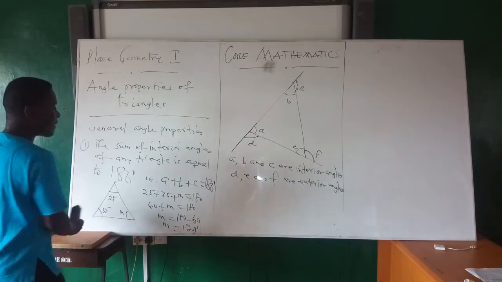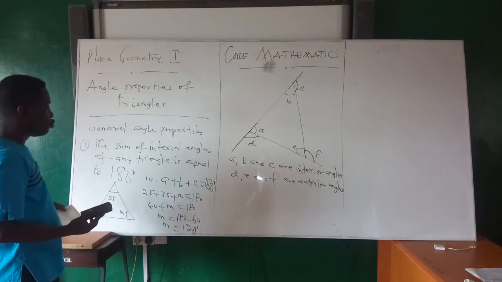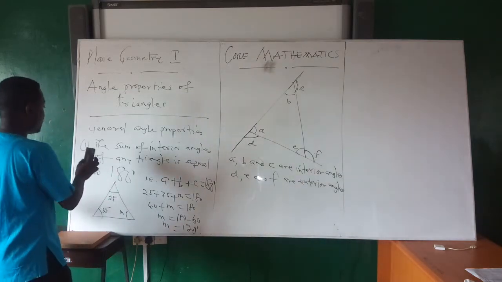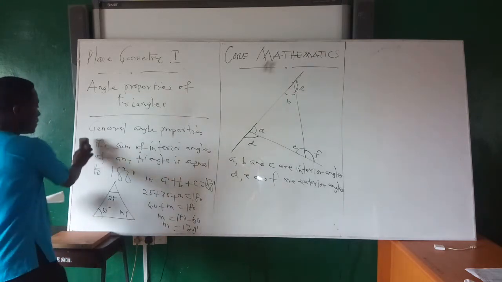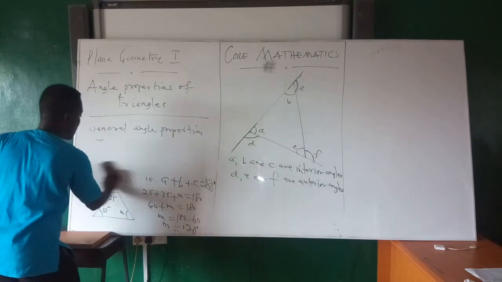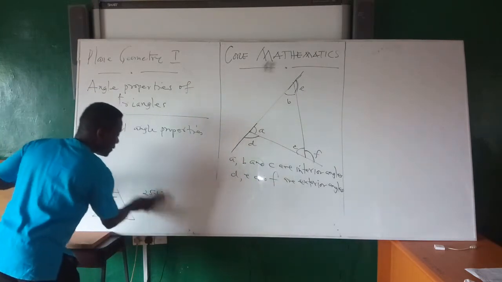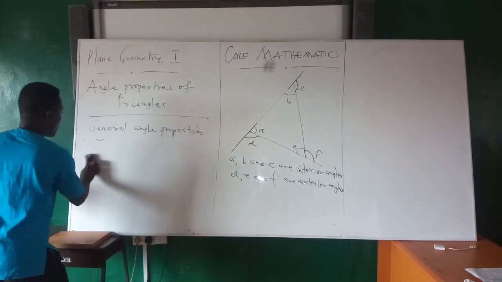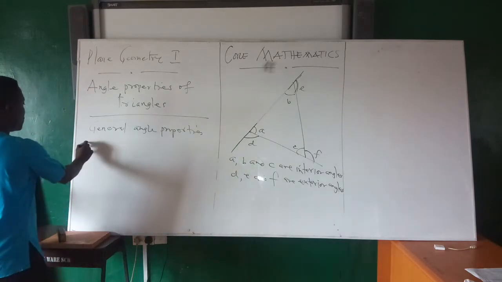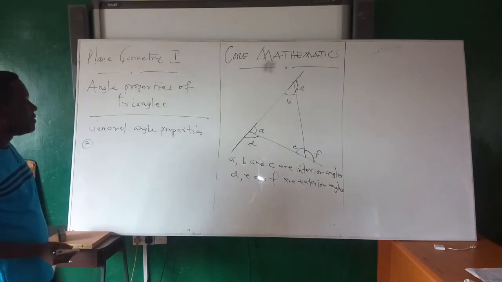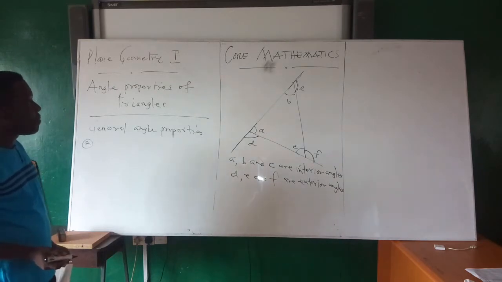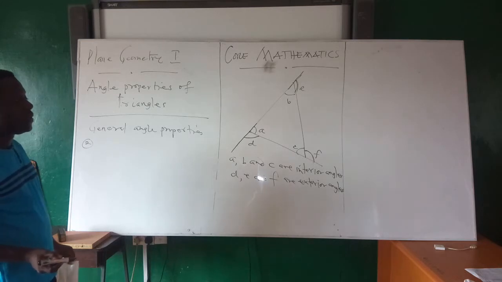Now, the second property that I want to look at quickly, I'm sure, is very clear to us. Number 2, the second property is that the sum of exterior angles of any triangle is equal to 360 degrees.